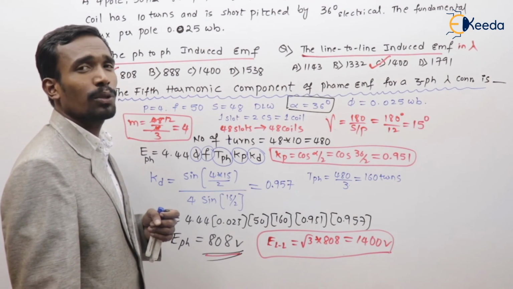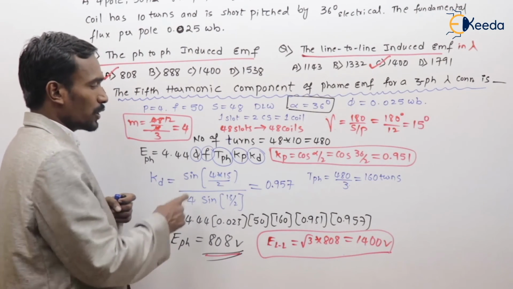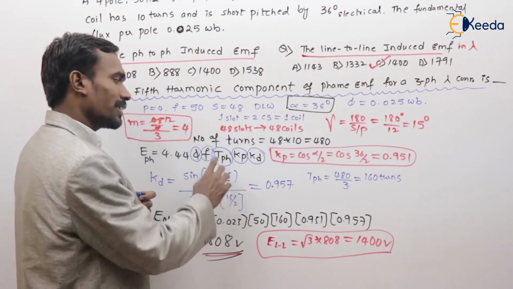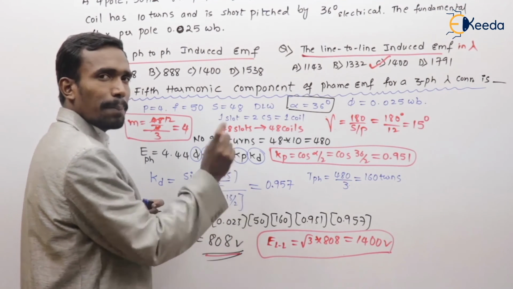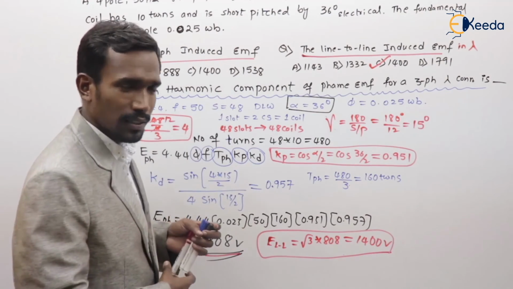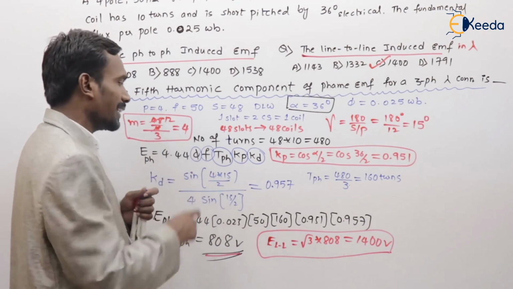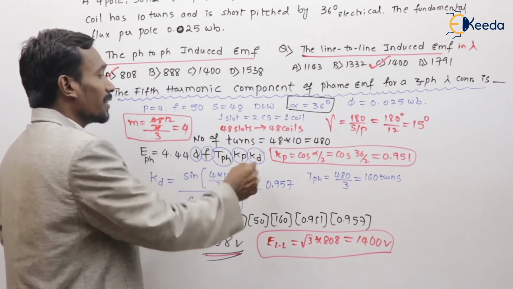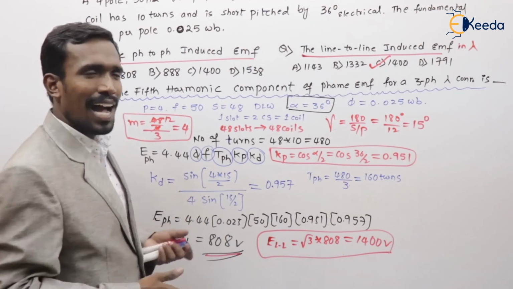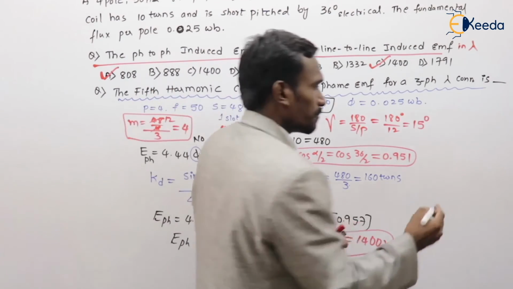They want the fifth harmonic EMF, which is 4.44 into flux, frequency for fifth harmonic, turns, Kp5 and Kd5. Then we have to substitute all those values. Let's check it. I will find Kp5 first, for example.